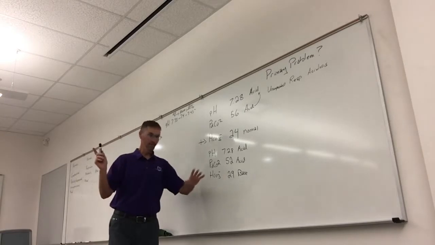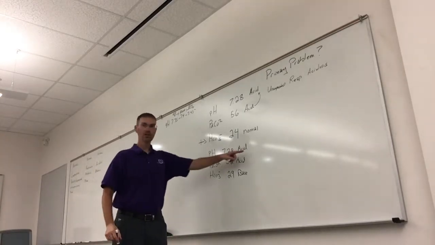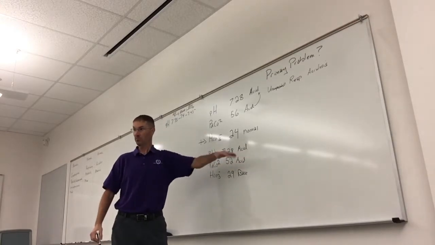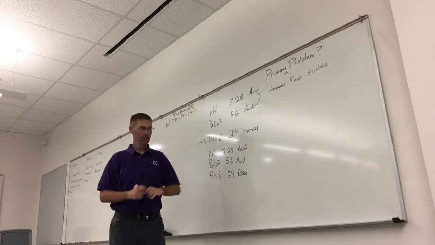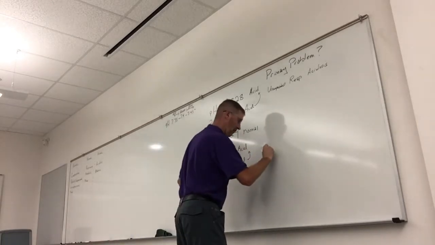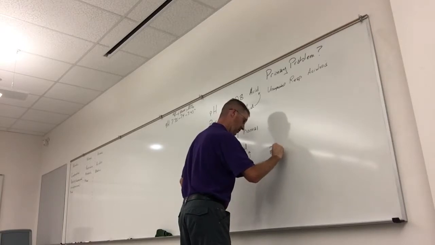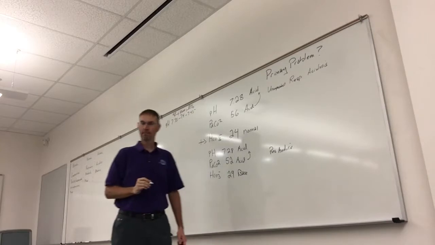So what's the problem though? Respiratory acidosis, because the pH, right? The pH is the problem, and then respiratory and metabolic are the causes, right? So, we will call this a respiratory acidosis. You guys see that okay?